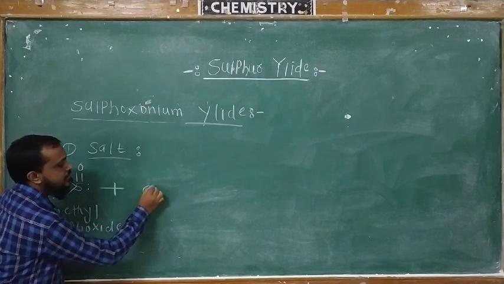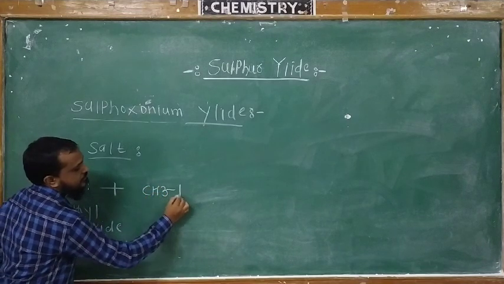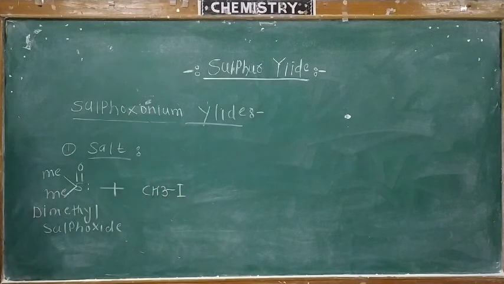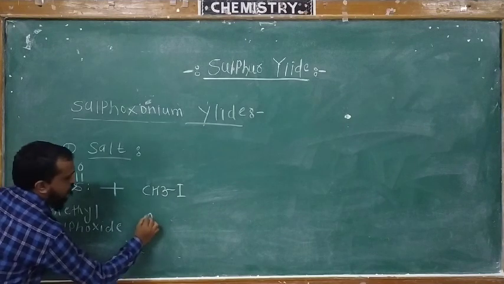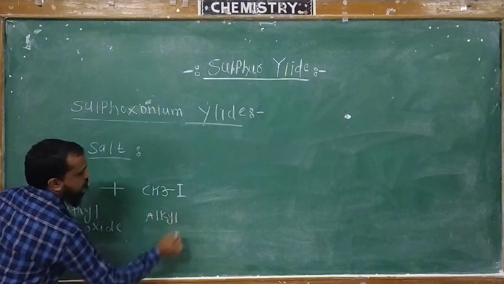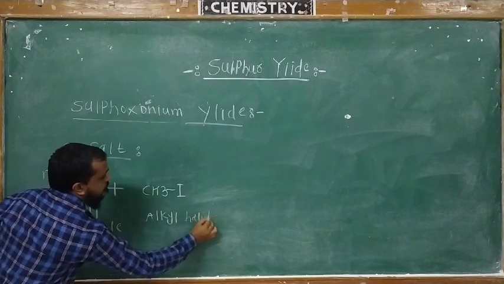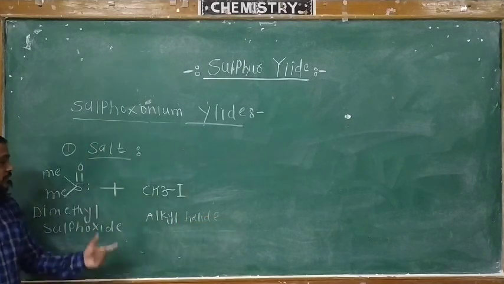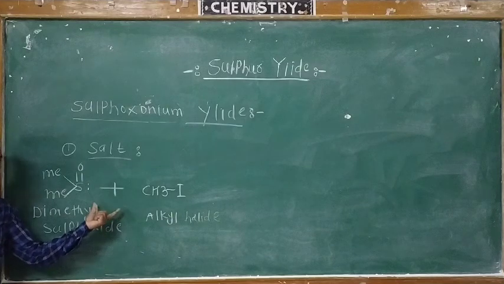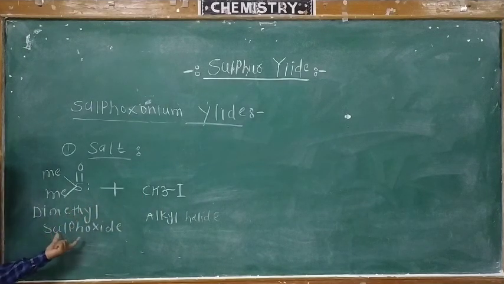Suppose here I have taken methyl iodide. To form the corresponding salt of methyl iodide and dimethyl sulfoxide, what will be happening here?